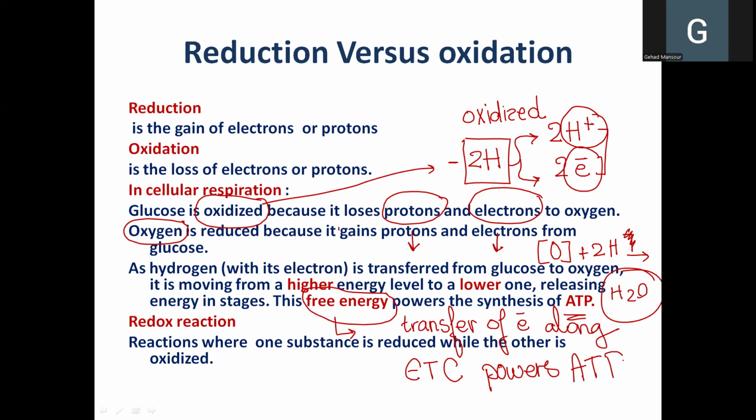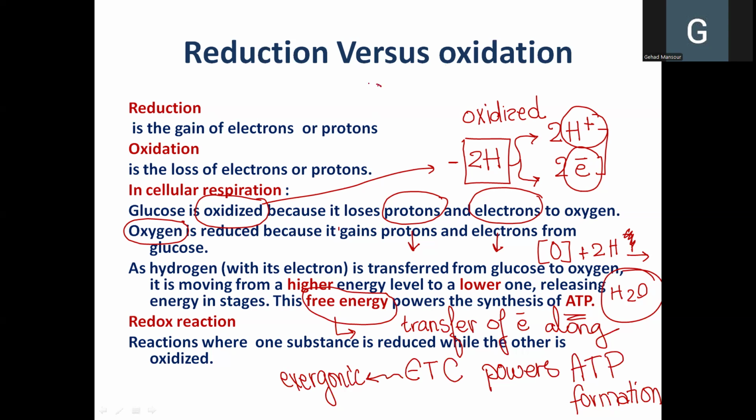So why does it power ATP formation or synthesis? Because the transfer of electrons along the ETC is an exergonic process. It releases energy and it empowers an endergonic process, which is ATP formation.